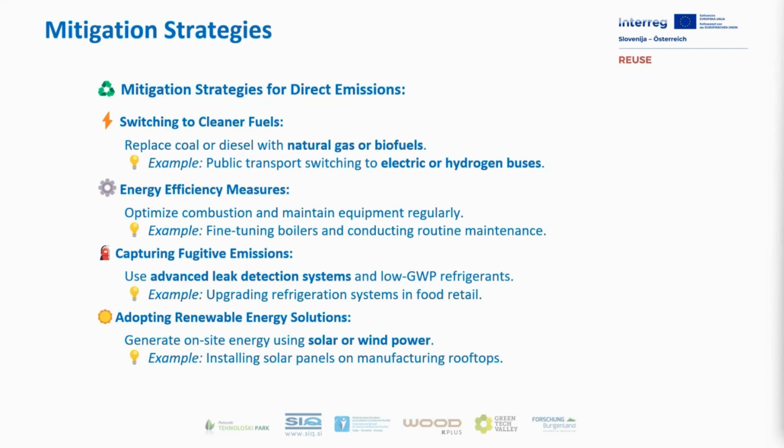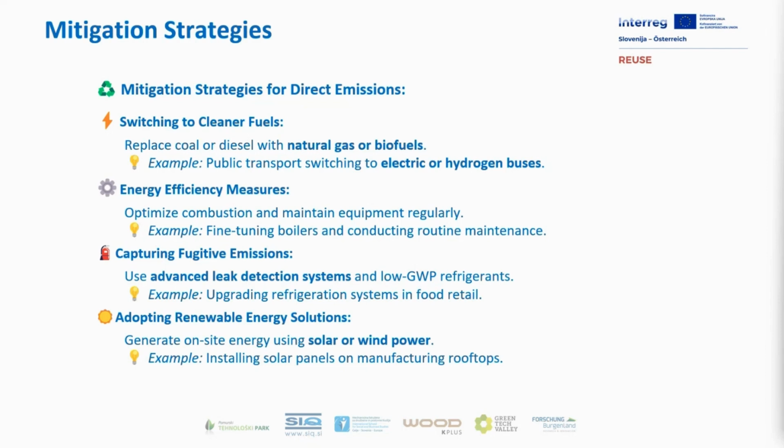By moving from coal or diesel to natural gas or renewable biofuels, organizations can significantly lower their CO2 emissions. For example, a public transport company might replace its diesel buses with electric or hydrogen-powered vehicles, reducing both emissions and noise pollution.